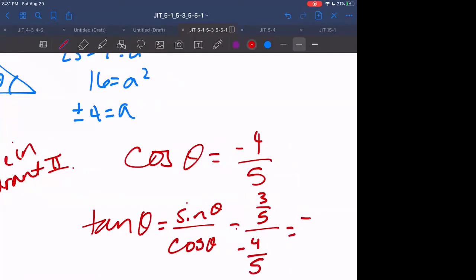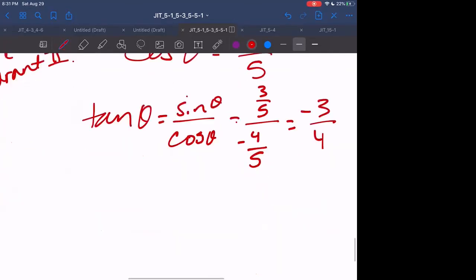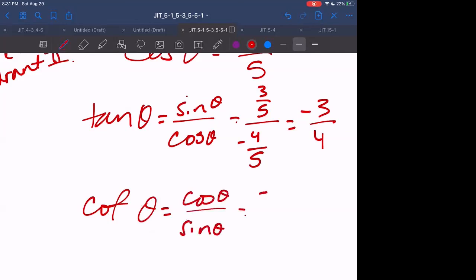Division of fractions, we get negative 3/4. Okay, cotangent of theta is cosine of theta over sine of theta, which would be negative 4/5 over 3/5, which is negative 4/3.